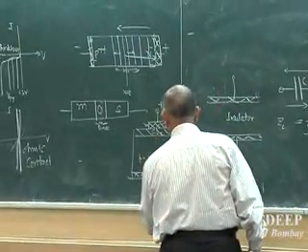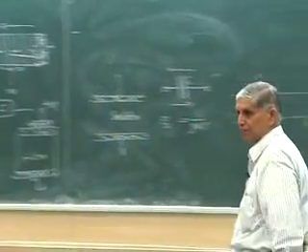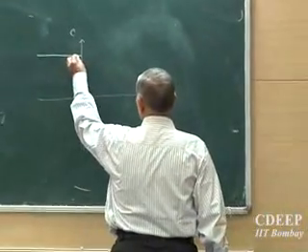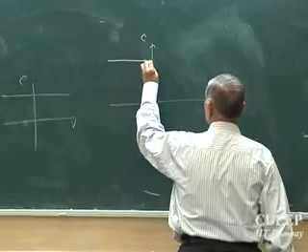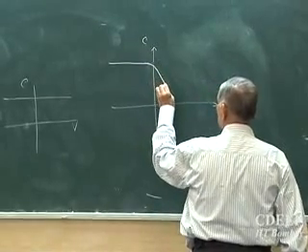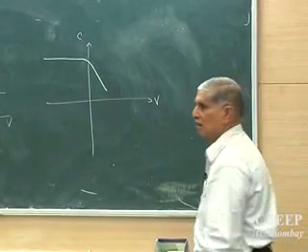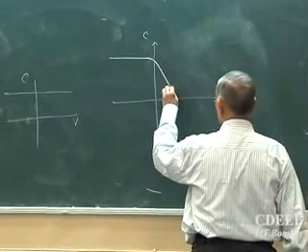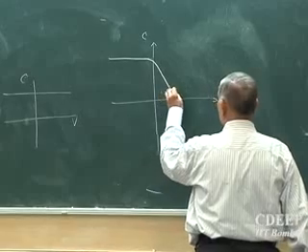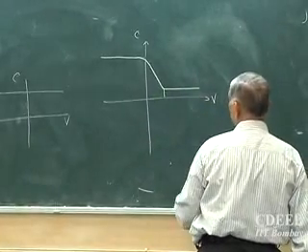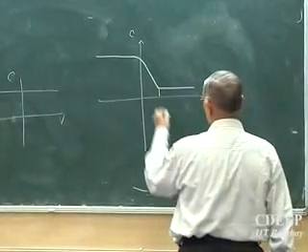If I apply the opposite polarity, then maybe slightly here the capacitance starts decreasing, and at a certain value, which depends on the measurement frequency, it may become constant.